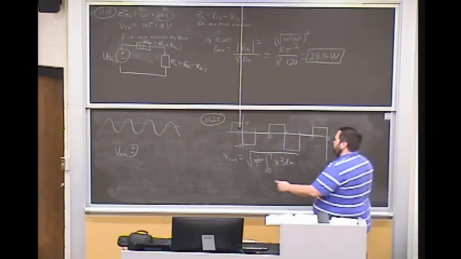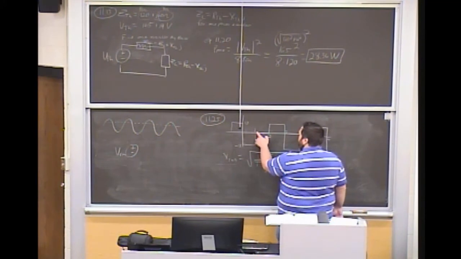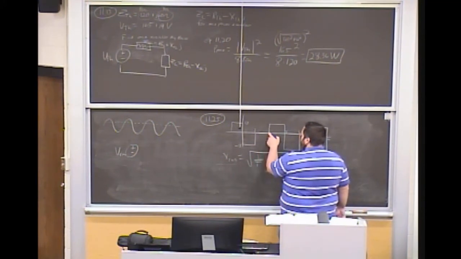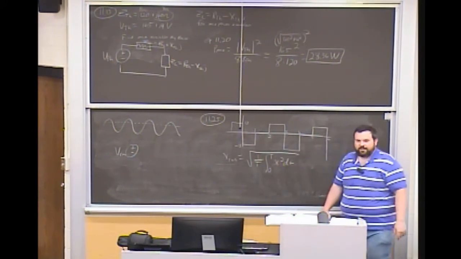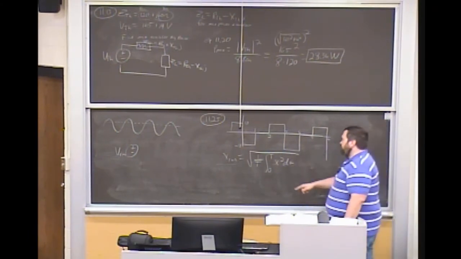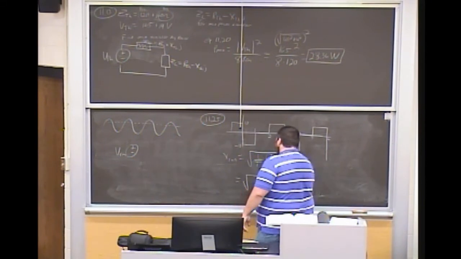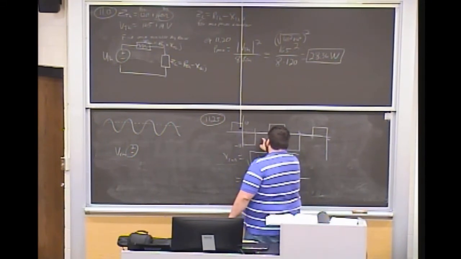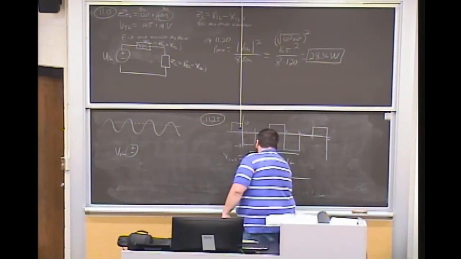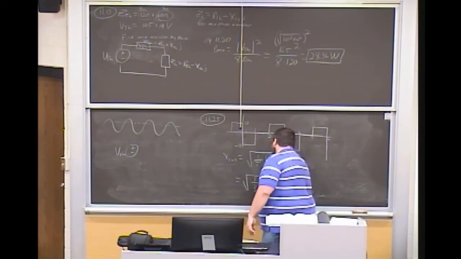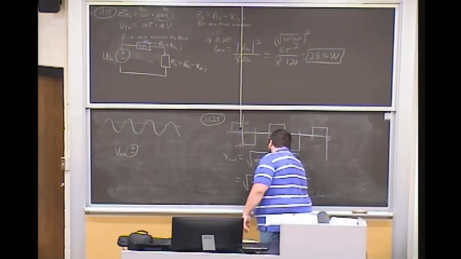I'm going to integrate it. I'm going to start here at 0 and integrate to 1. I'm going to integrate 1 to 2, and then I'm going to integrate 2 to 3. Is that okay? And so I'm going to plug in square root. I can still do 1 over the whole period. My whole period's 3. And then I'm going to multiply that. I'm going to integrate from 0 to 1.